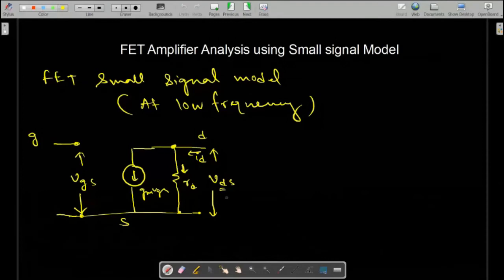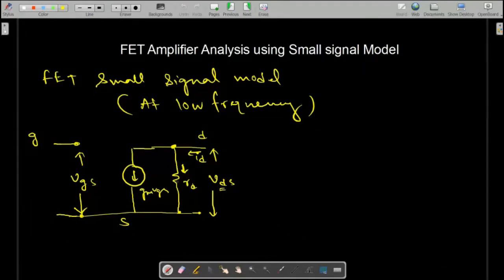Just very simple. There is no HI, HR, HF and HO. The input side, gate and source, is an open circuit, and the voltage you are applying is VGS. At the output side there is a current source GM VGS and a resistance RD. So this is the small signal model of FET at low frequency.